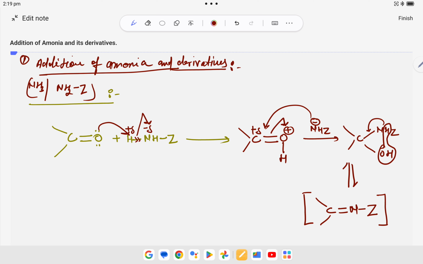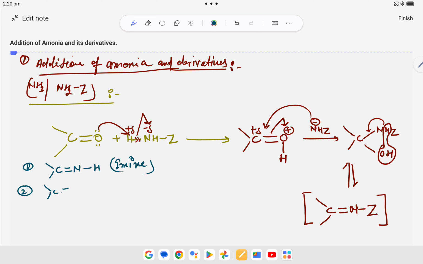So what are the derivatives available and which are the important ones? Number one, double bond nitrogen. If at the place of Z we are using hydrogen, it's called imine. Imine formation will be done.